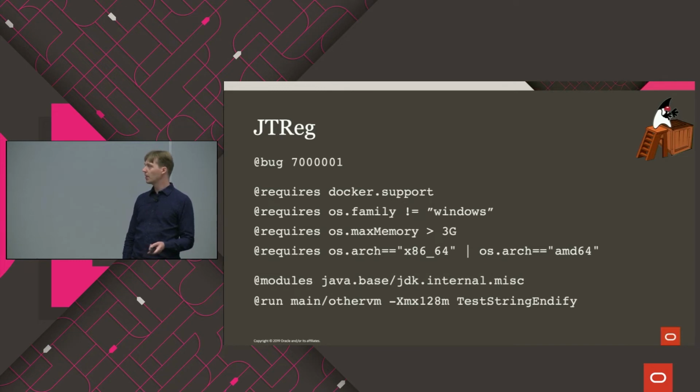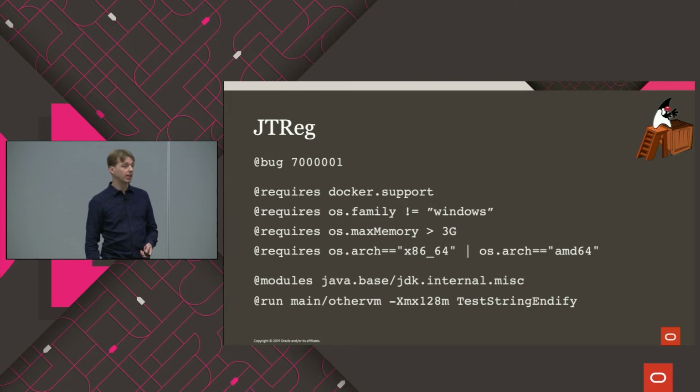You can tell J2Reg if it has to use other modules within the Java module system. And you can tell it to use different command line flags and run the test in several different ways. So one test, for instance, can have several of these run tags in the same test if you want to execute the test in several different ways.